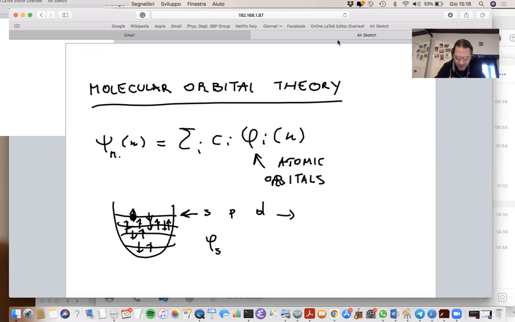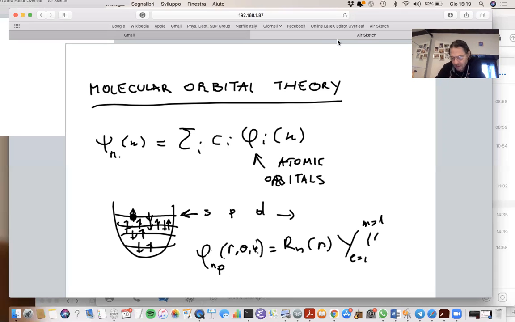Say, for an nS state, the atomic orbital will be the nth radial excitation times 1 over root of 4 pi, because it's an S wave, there's no spherical harmonic. If I have a P wave, then there would be the nth radial excitation times L equal 1, and maybe M equal 1, 0, or minus 1 state of the spherical harmonics.